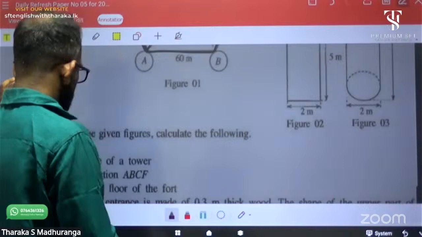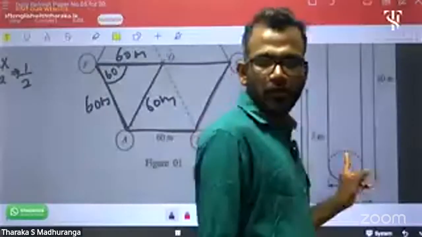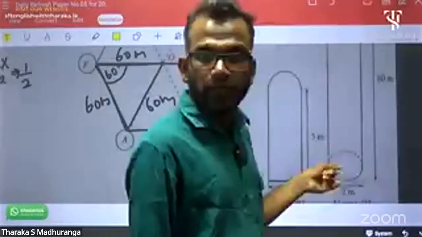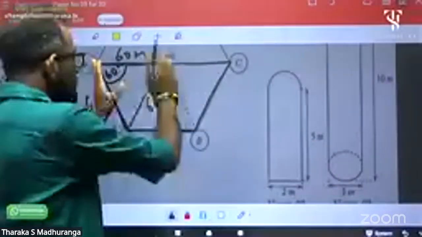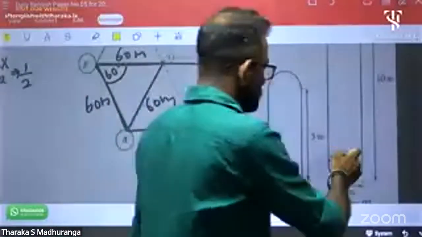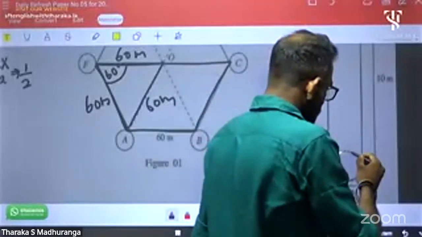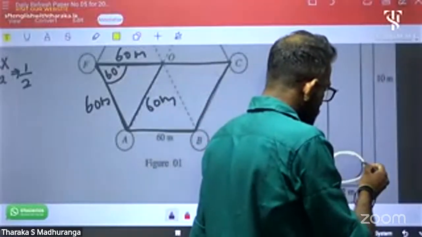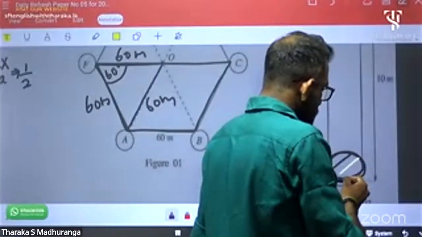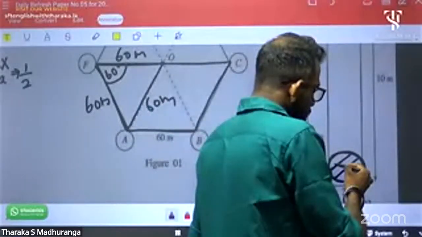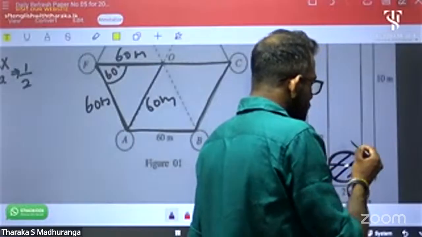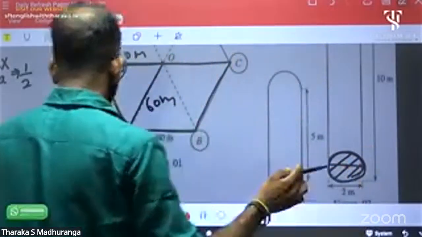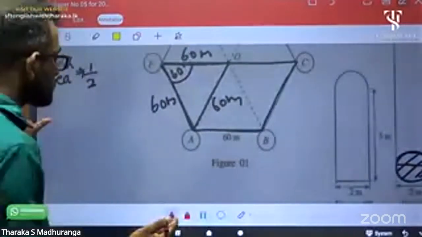According to the question, this is the tower, figure 3. It is not the tower. Sorry, second part wrong. Now the tower diameter is given as 2 meters, so the radius is only 1 meter. Make the second part answer.